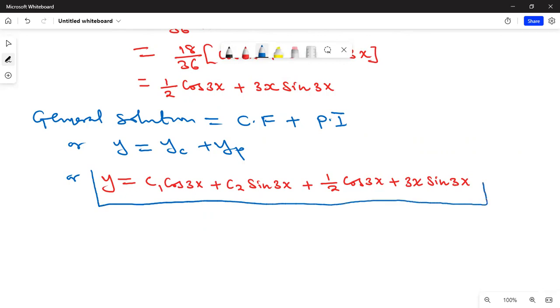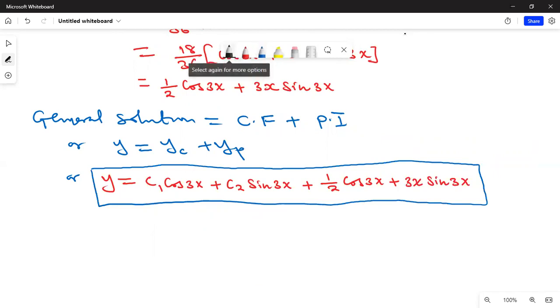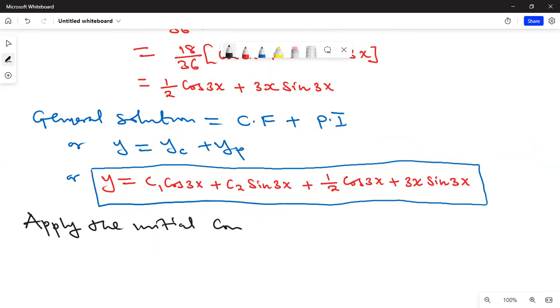Now we have initial conditions to apply so that we get the values of C1 and C2. And so the resulting solution will be the particular solution. So apply the initial conditions.